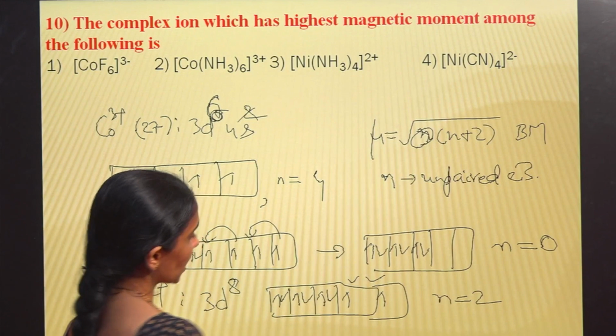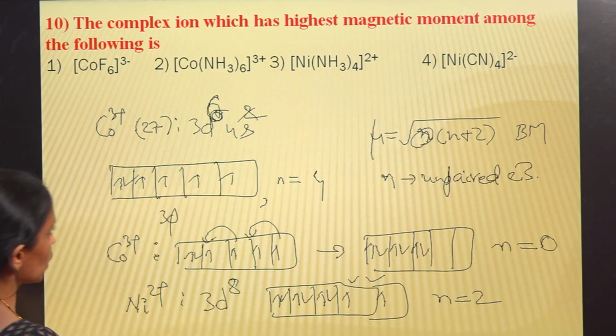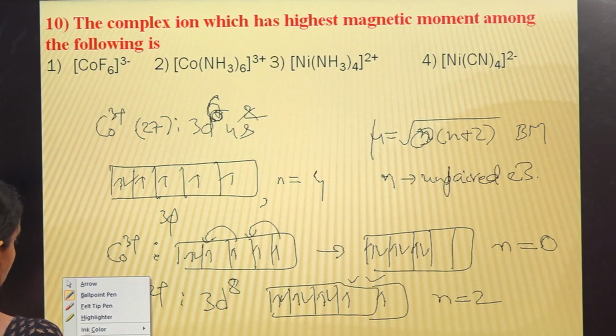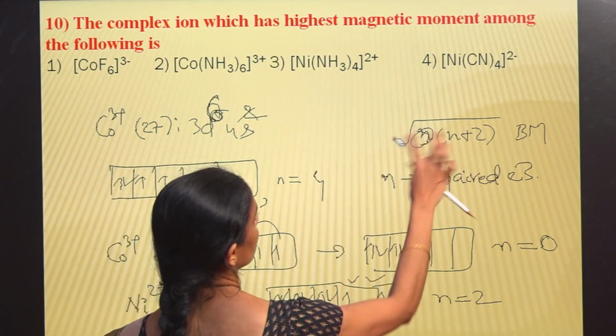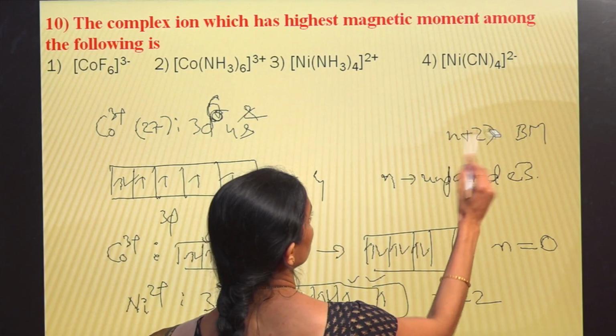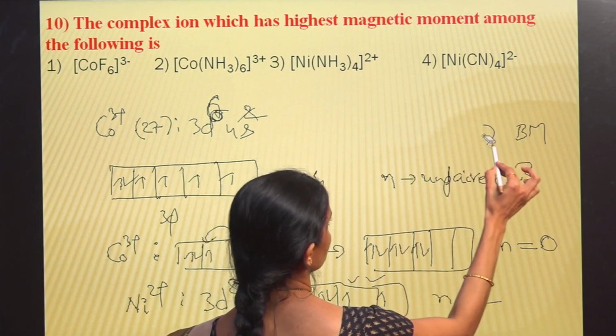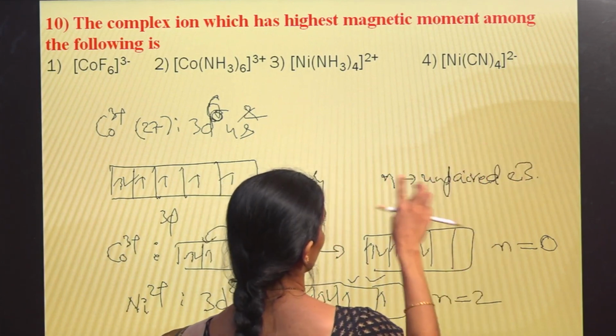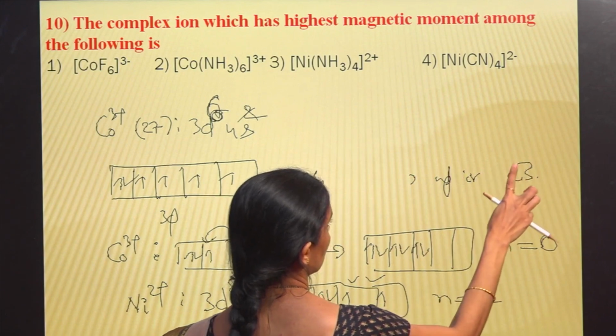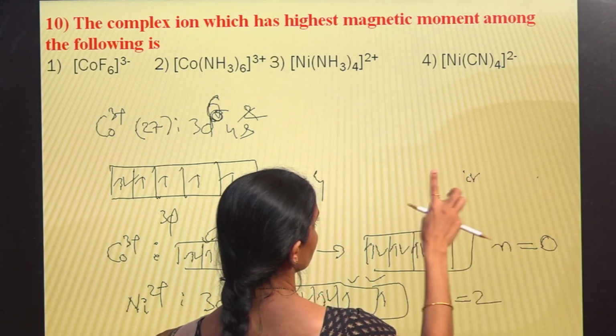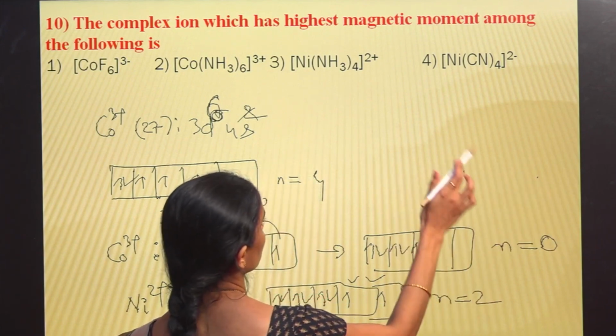What happens in the case of the last complex? In the last complex also, which central metal ion do we have? Ni2+, but the ligands are different. Let me write here.